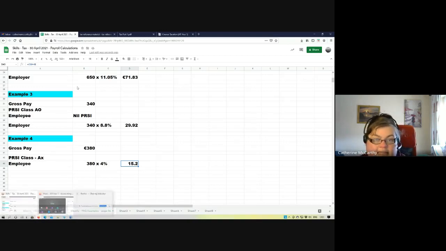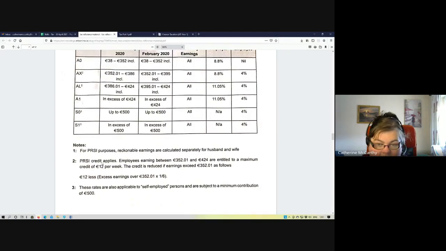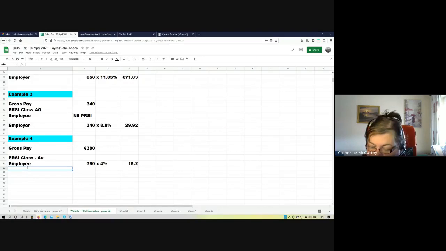But we have a little thing here with this one. This person will look at the PRSI credit because they're earning between €352.01 and €424. When you earn between both of them, you are entitled to the PRSI credit. So we'll do this underneath.